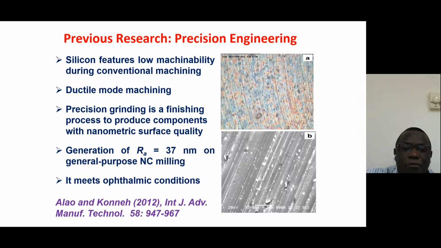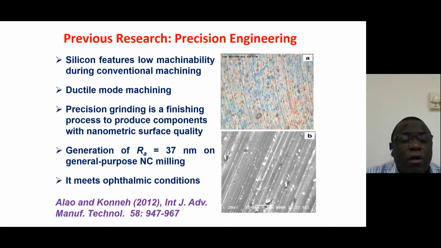Now, in the field of precision engineering, I'll be able to precisely obtain good surface quality on silicon. By way of background information, silicon is very hard and very brittle. So conventional machining of silicon can lead to fracture.